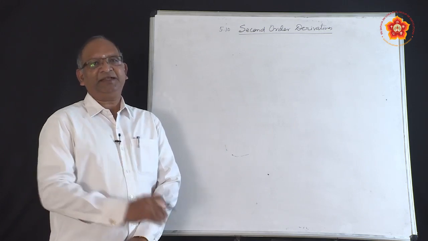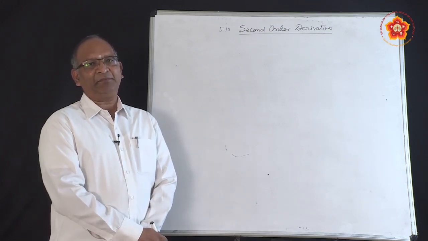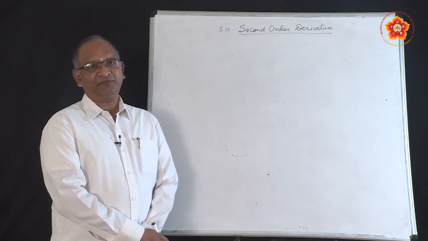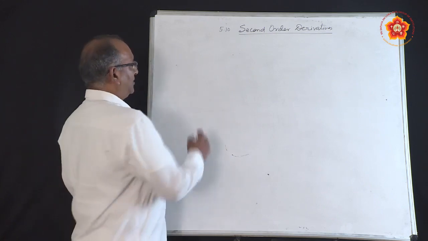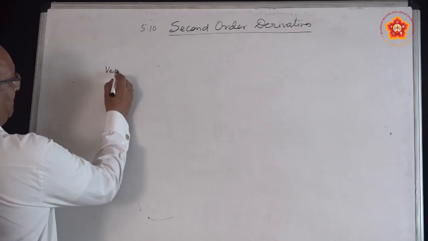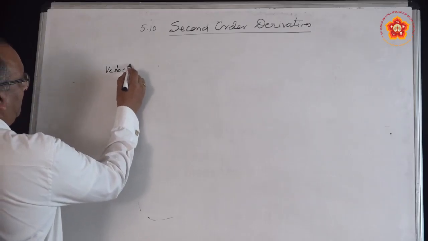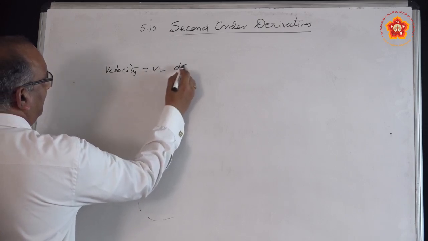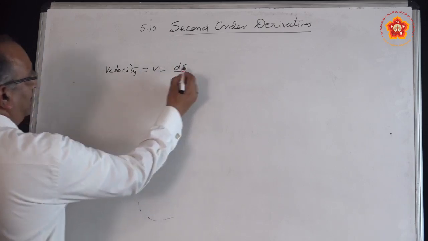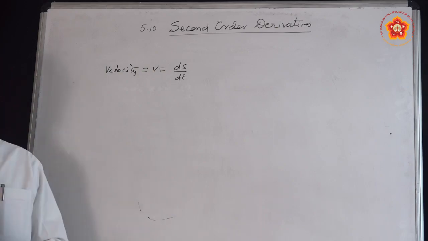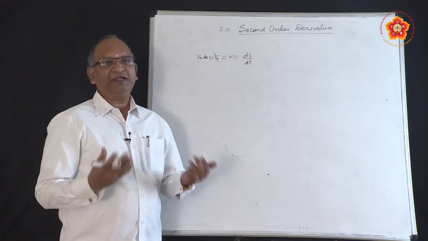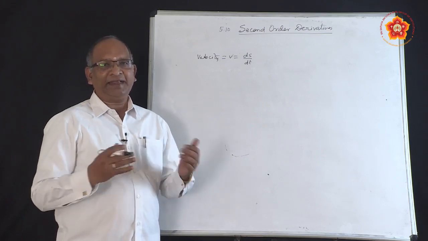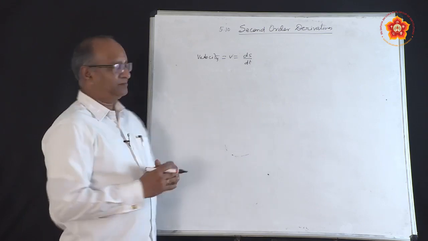If the displacement is indicated by s, the change in displacement with respect to time is called velocity. Now, how do we define acceleration? Acceleration is defined as rate of change of velocity.